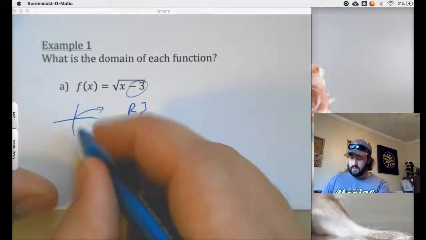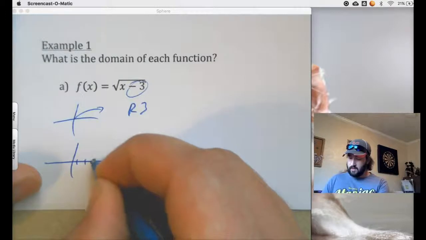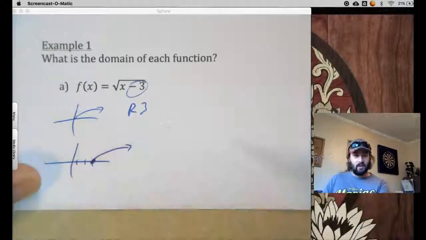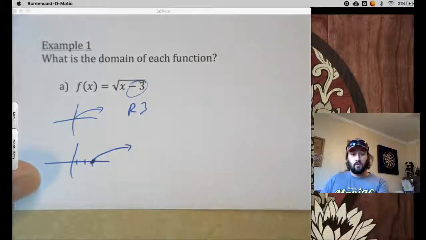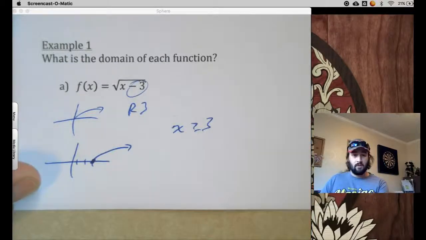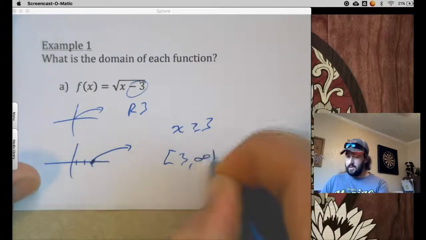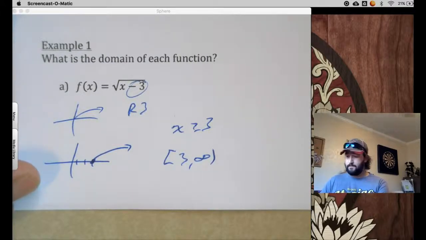Since I'm taking this graph and moving it right 1, 2, 3, I still hit there and I'm going up in that direction. That means for the domain, the x values must be greater than or equal to 3. That's it. You could also see this in interval notation, from 3 to infinity, always from least to greatest.